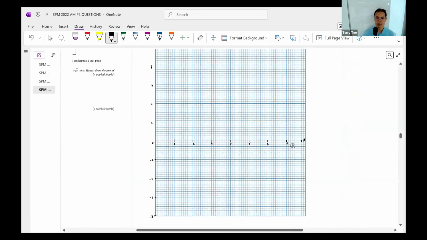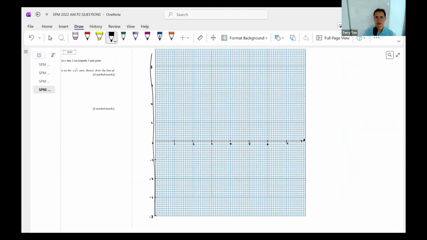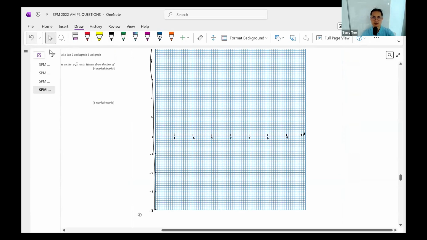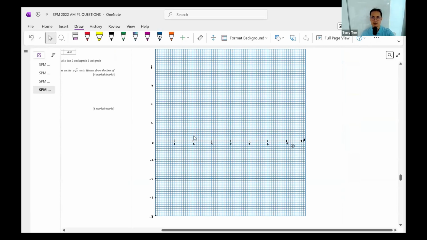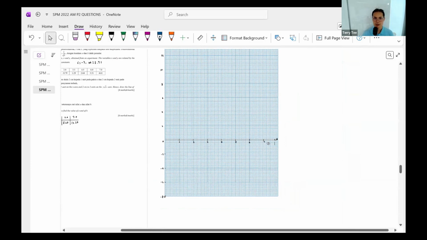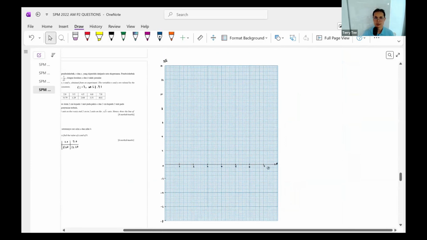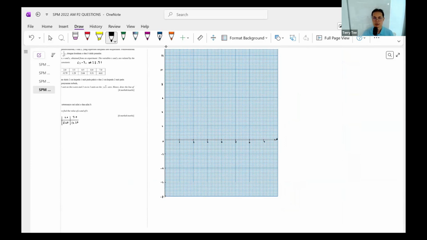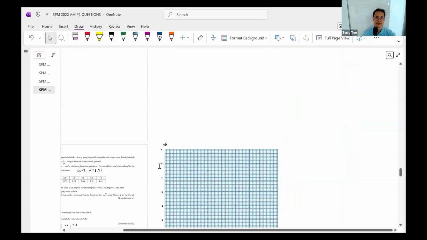Draw your y-axis, and you go up a bit higher. Okay, wait, let me adjust this. Zoom out a bit. Start from here.